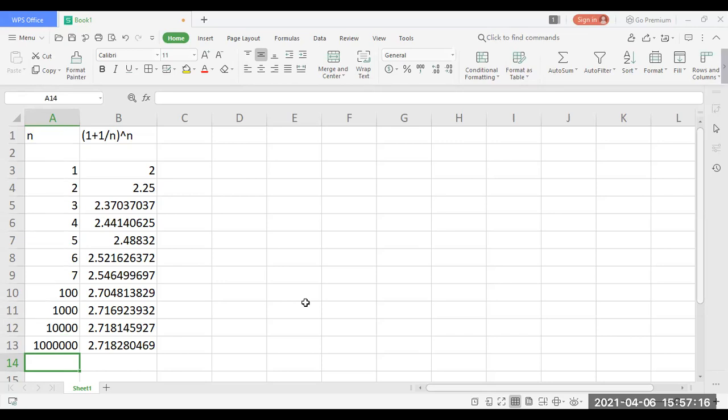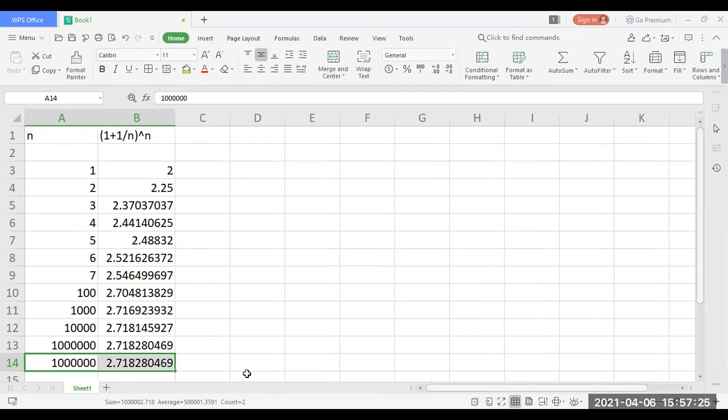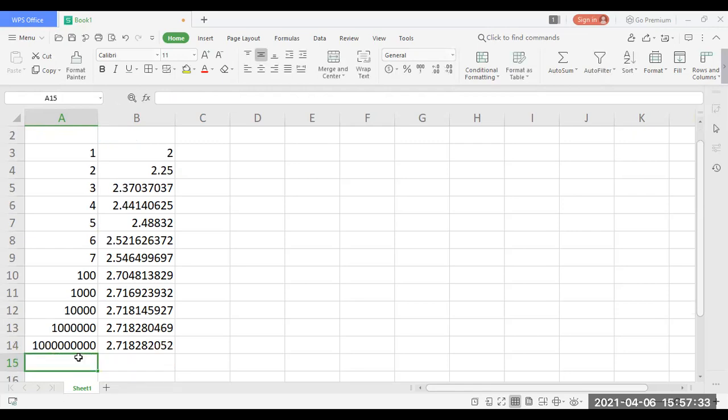Let's make it 1 billion. So enlarge this. 1 with 9 zeros. See, it doesn't change even to 5 decimal places.